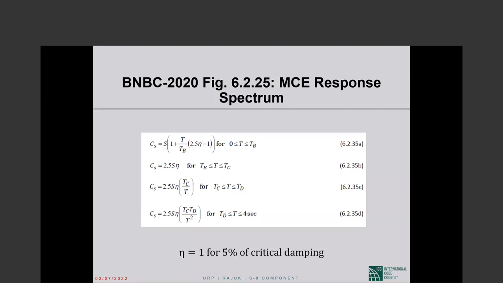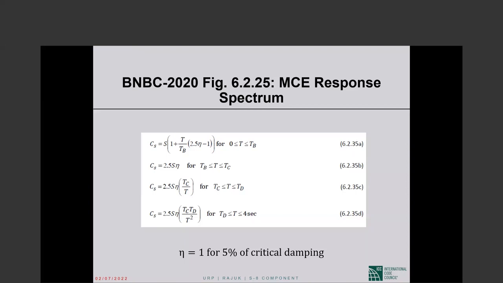Now, if you are aware that the structure you are dealing with has substantially higher or lower critical damping, then this eta gives you the choice of figuring out exactly how much damping you are dealing with and accounting for that in seismic design.